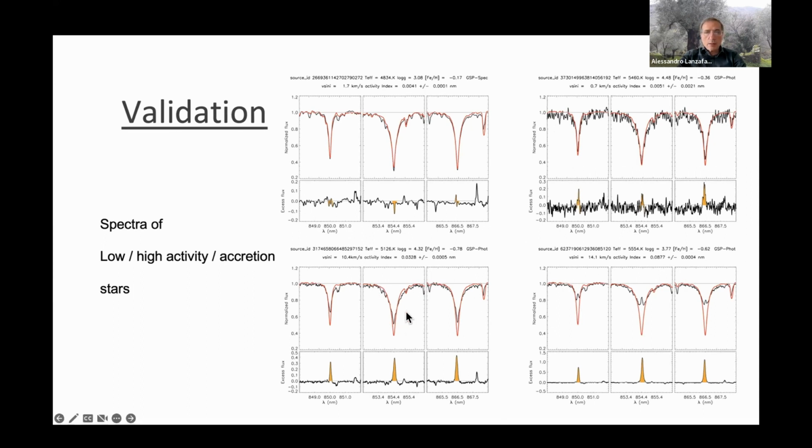In the bottom left panel, we have a case of an active star, and you see how this excess factor arises with respect to a quiet star.